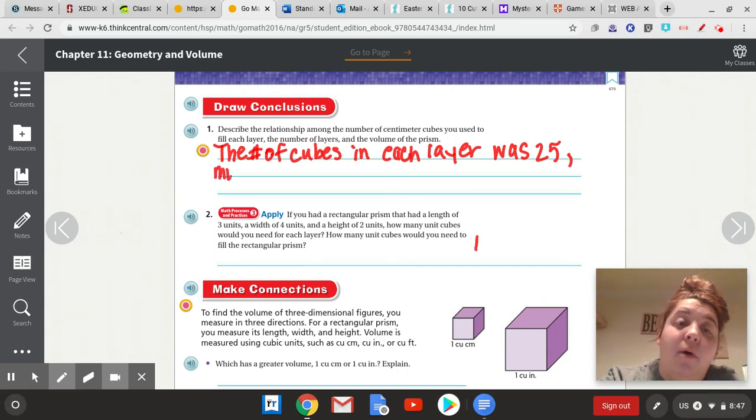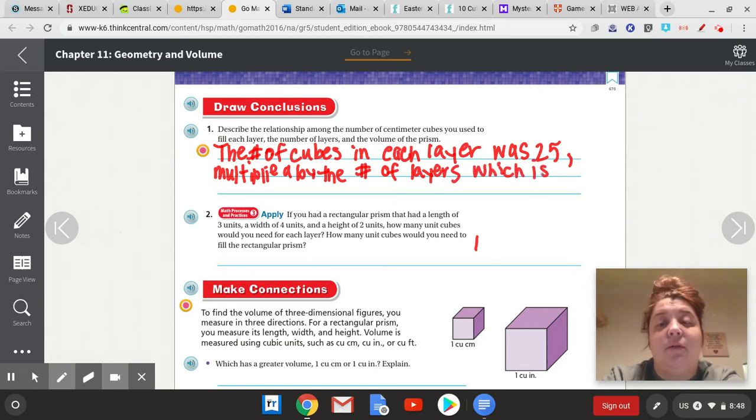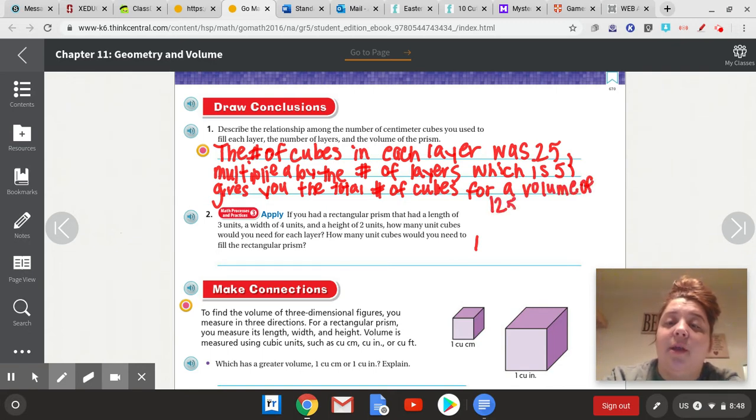So 25 multiplied by the number of layers, which is 5, gives you the total number of cubes for a volume of 125 cubic centimeters.